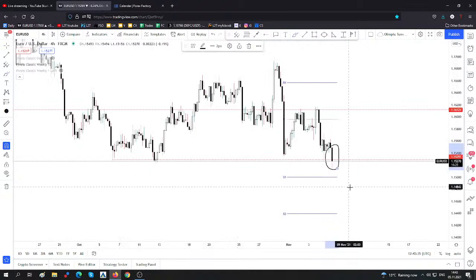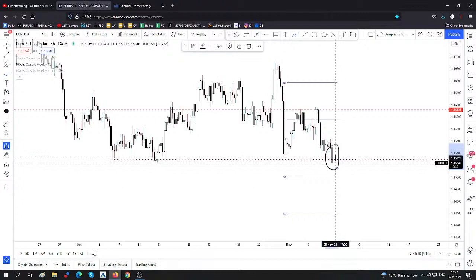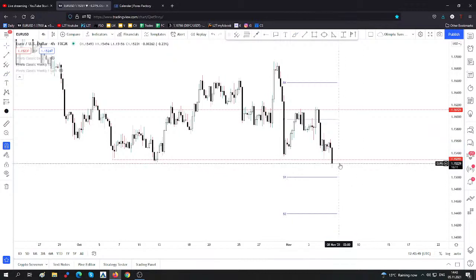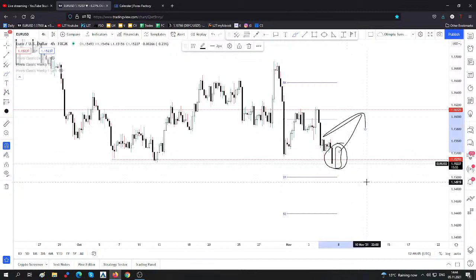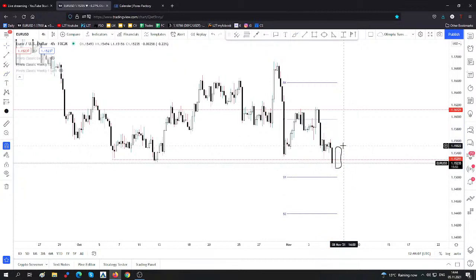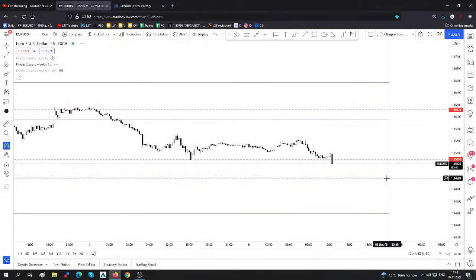If this breakdown is invalidated, if the price closes this candle above 1.1529, or if the price closes this candle below this support but prints something like a strong bullish candle, a major bullish engulfing, it could signal an upside movement. That's why I told you that in euro versus the US dollar, I'm waiting for the price to confirm its breakdown here.